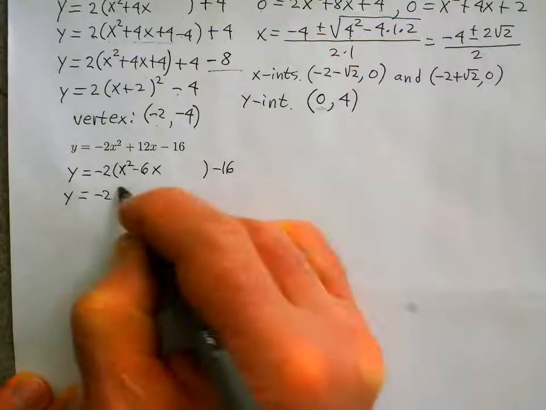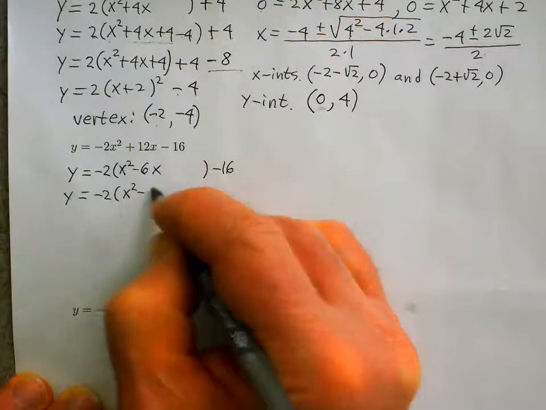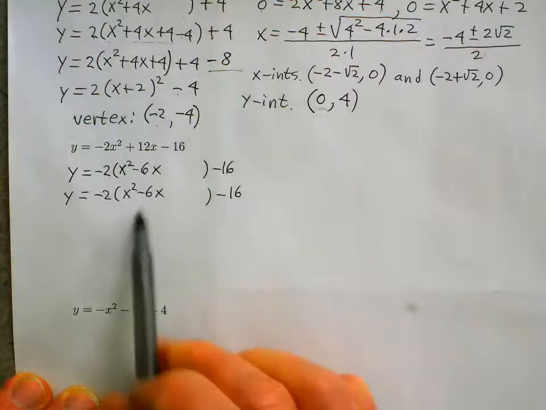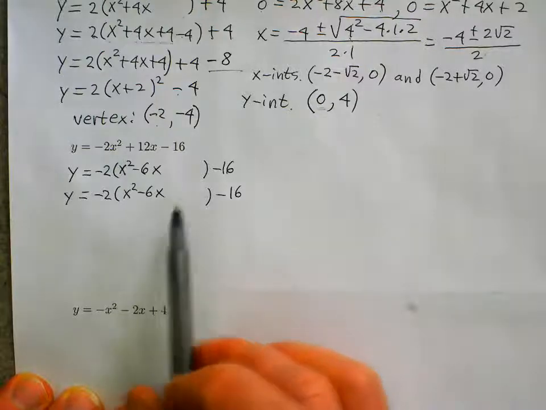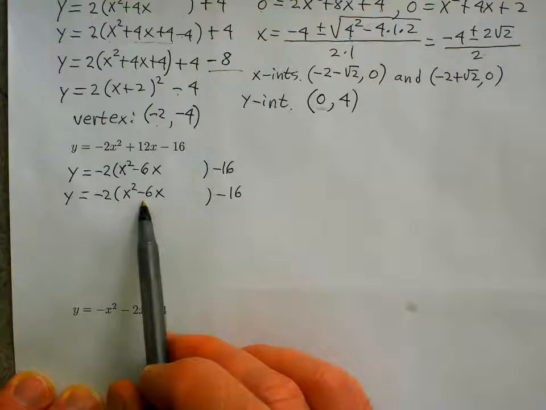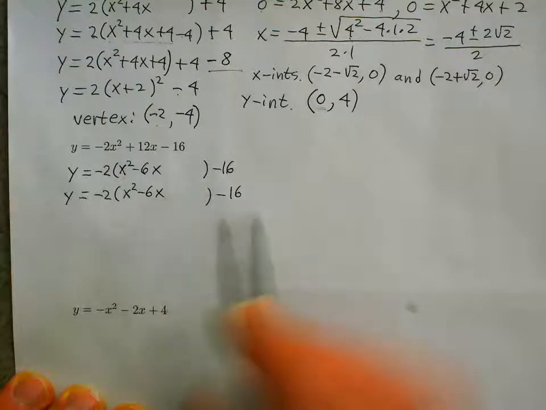Okay, the next step is the completing the square step. So now we're just focusing on x squared minus 6x. We want to add 0. The form 0 takes is +9 minus 9.